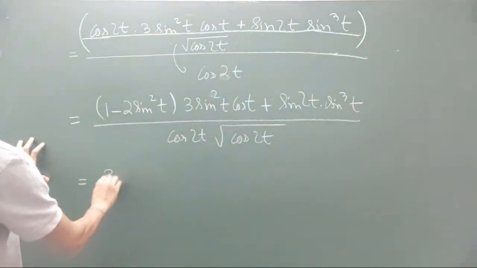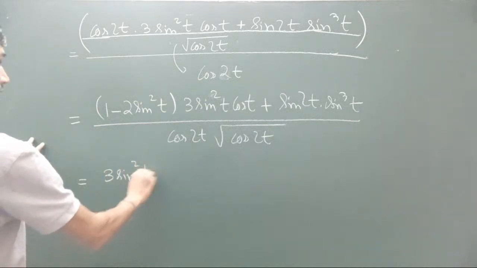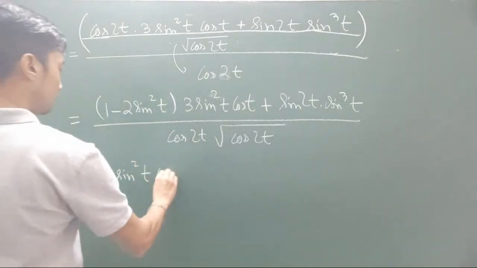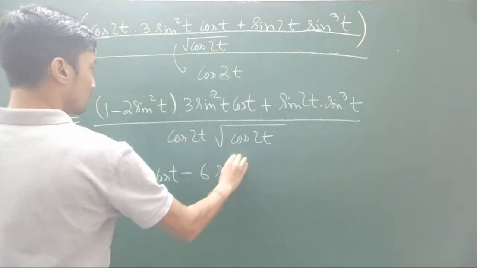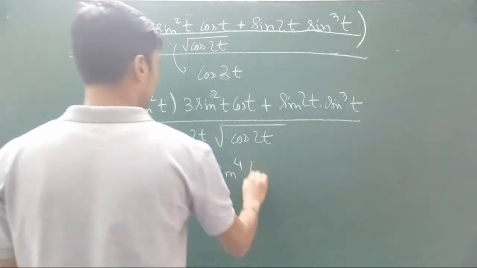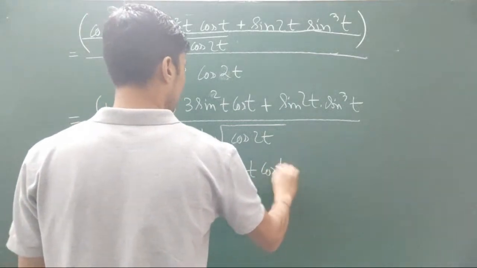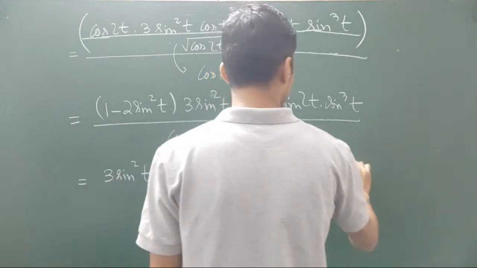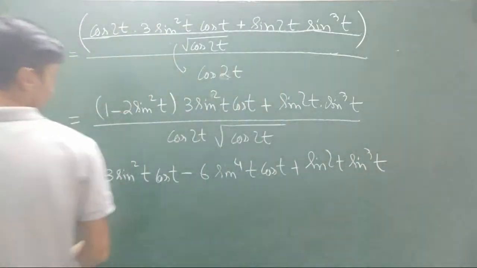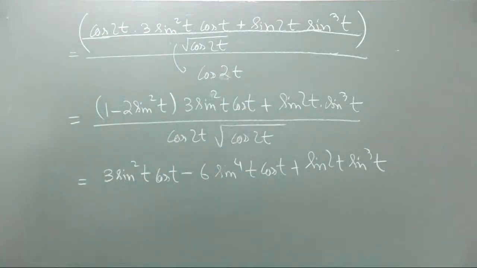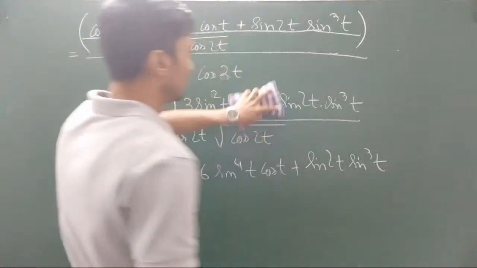So we should be having, simplifying this, 3 sine squared t cos t minus 3 2s are 6, sine power 4 t cos t plus sine 2t sine cube t. Power 4. Look here.